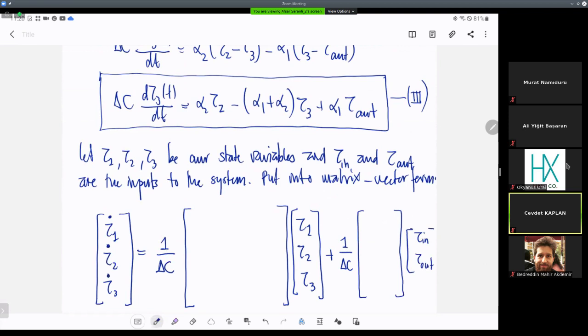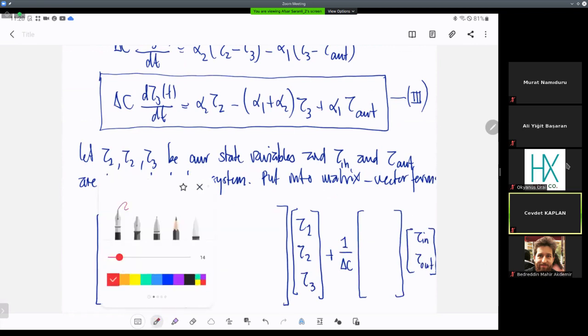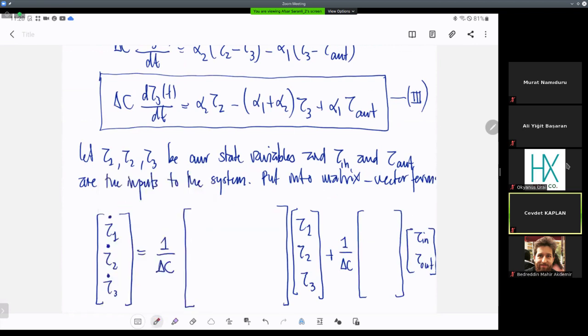What is the size of the second matrix? You guys tell me. 3 by 2, right? It has to generate a 3 vector, but it has to multiply a 2 vector. So this dimension has to be 2, and this other dimension has to be 3.